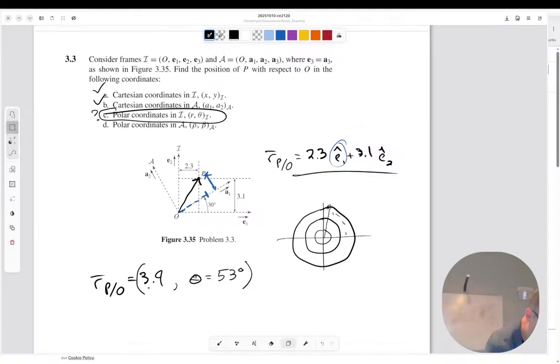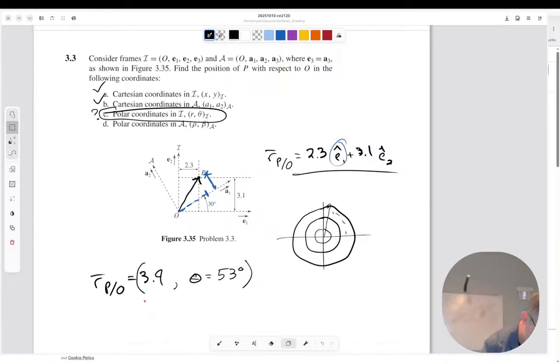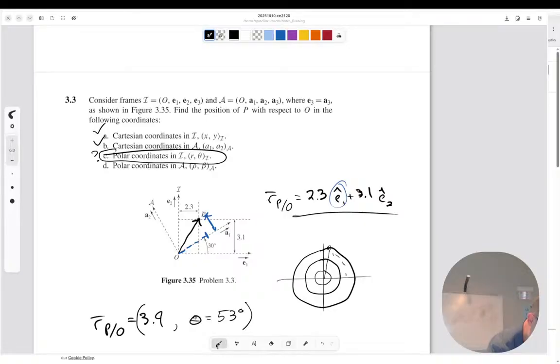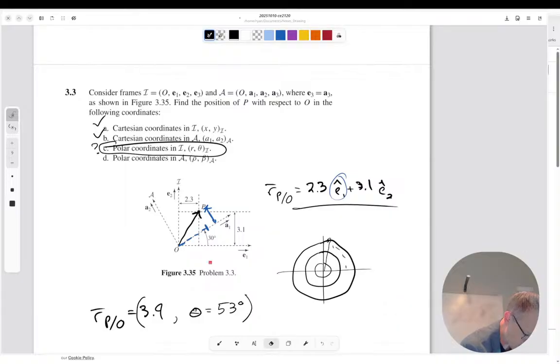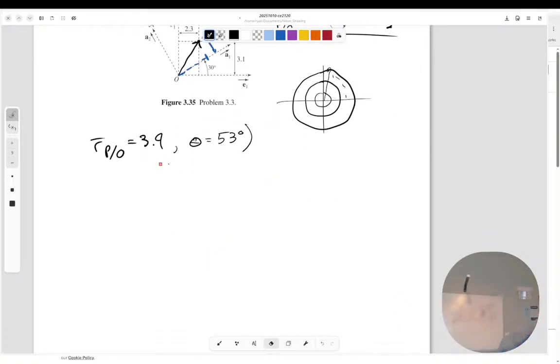So another way is we could write, instead of this, I'm going to write it in terms of E1, so we still have that same.